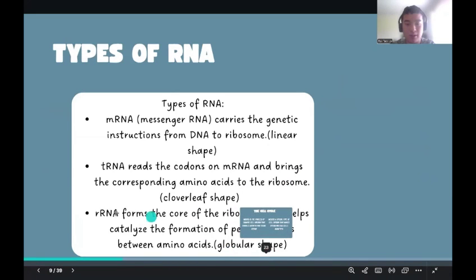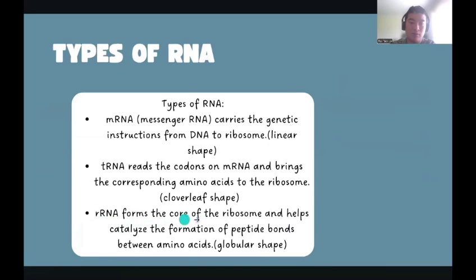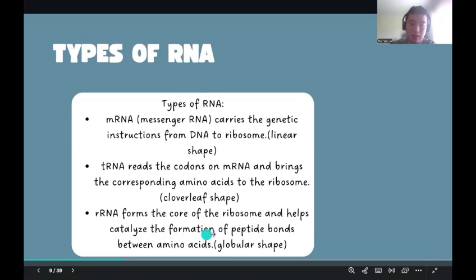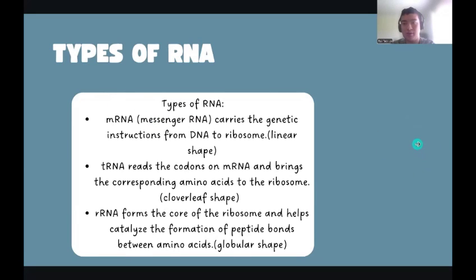And the globular shape is rRNA, which forms the core of the ribosome and helps catalyze the formation of peptide bonds between amino acids. We will continue this further in the slides at the back.